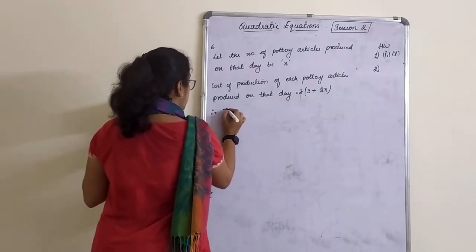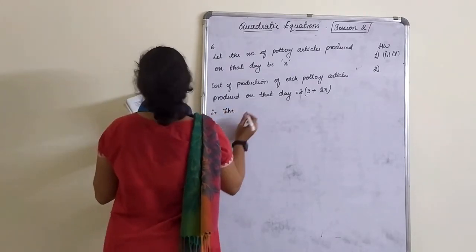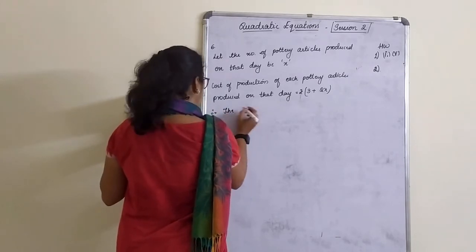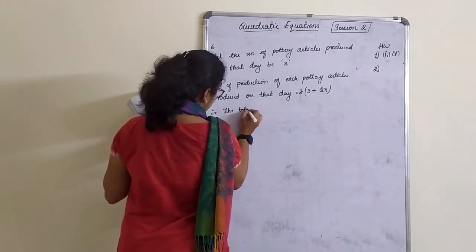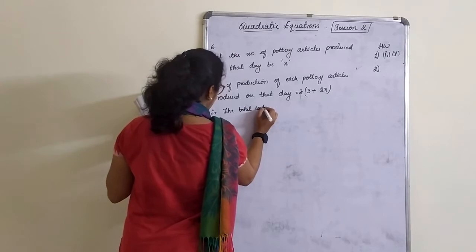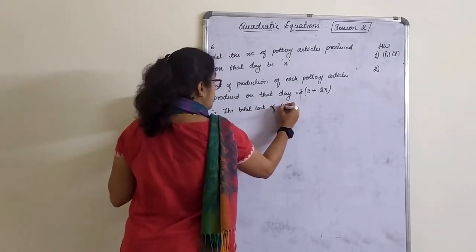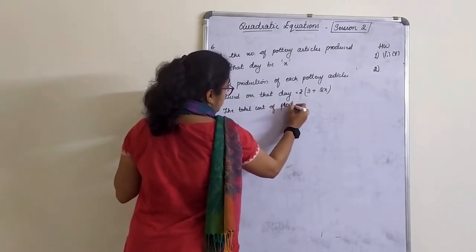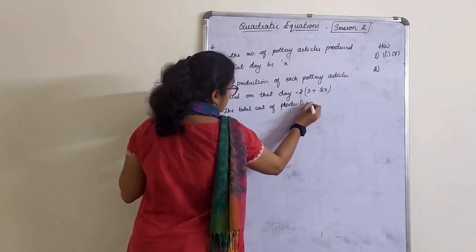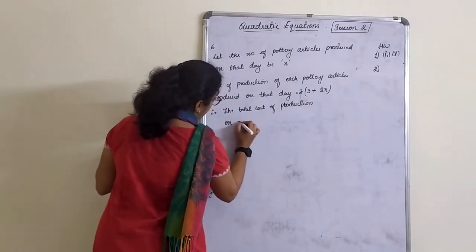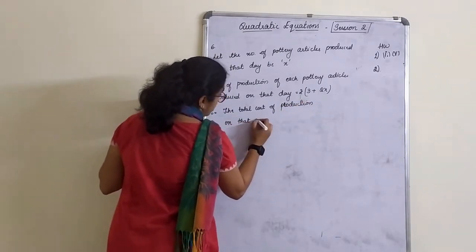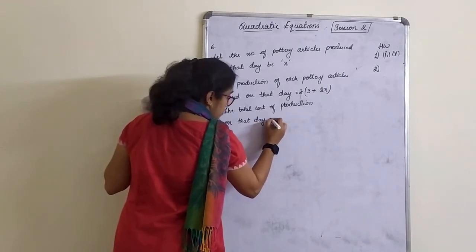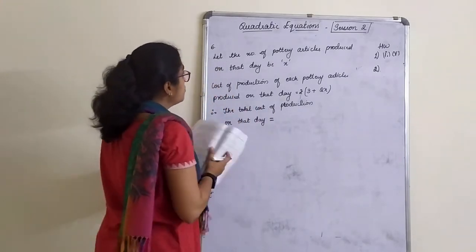Therefore, the total cost of production on that day is equal to what?